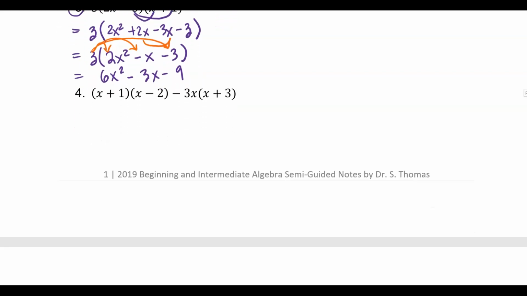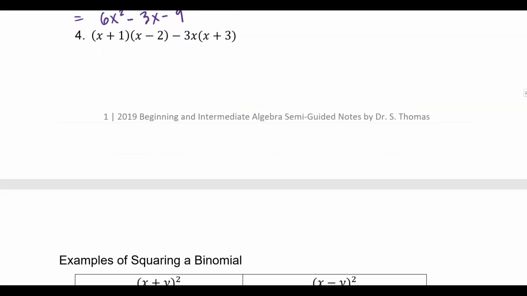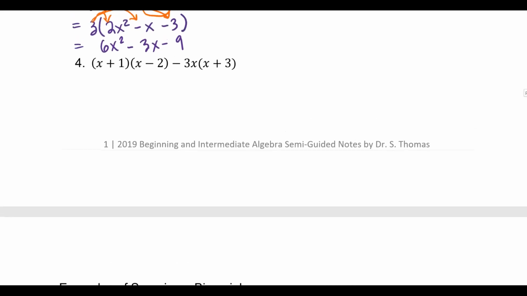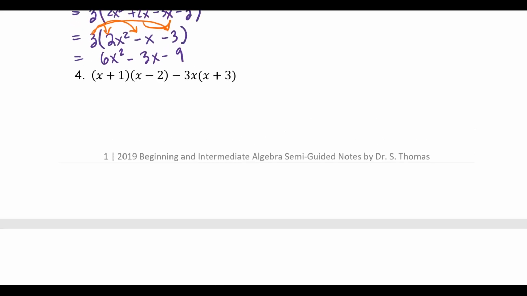Let's move on to number 4, which looks much more complicated than before. So there's a lot going on here. First, this is multiplication. Then we have a minus. Then we're going to have to do some distributing here. So let's break down the problem first by multiplying x plus 1 times x minus 2.